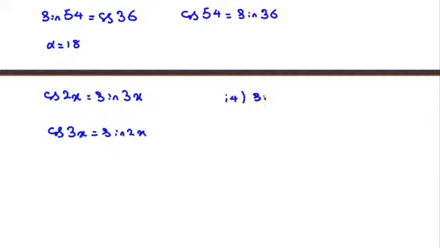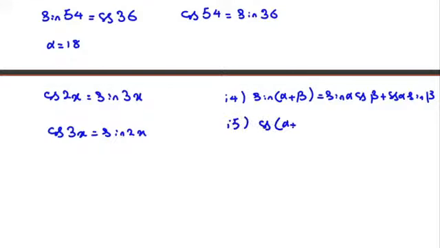Before the exam, I released a video and I said all the important formulas like this in trigonometry. Sine alpha plus beta is sine alpha cos beta plus cos alpha sine beta, idea 5, and cos alpha plus beta is cos alpha cos beta minus sine alpha sine beta.